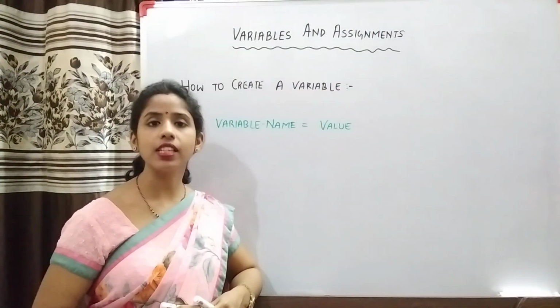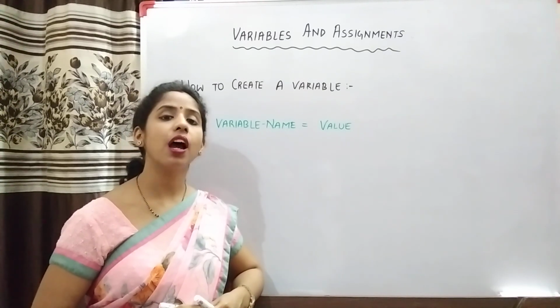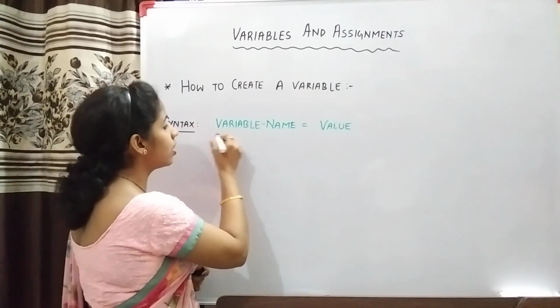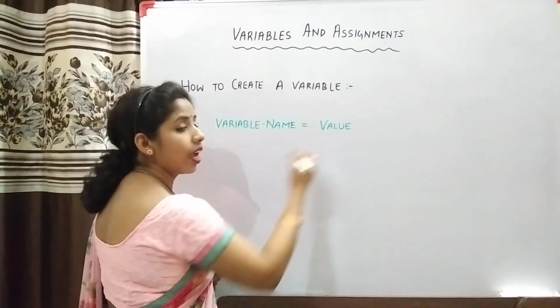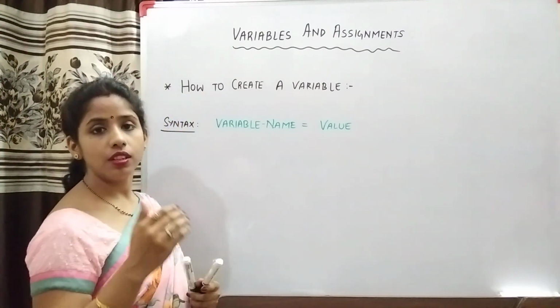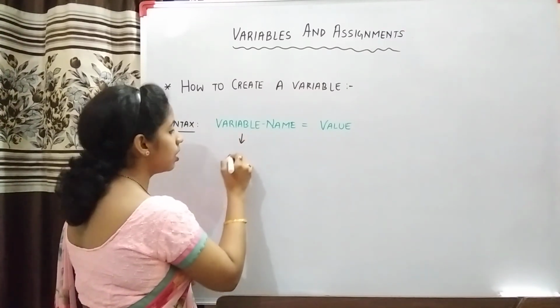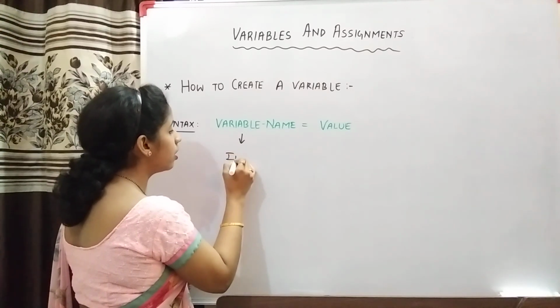Then the next thing is how to create a variable. Now you know what is a variable, but how to create it in your program. So the syntax is variable name is equal to, meaning the assignment operator, and then the value. There are certain things that you need to know about this statement. This variable name can be anything as per identifier naming rules.